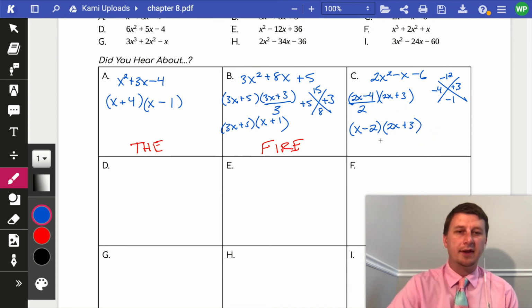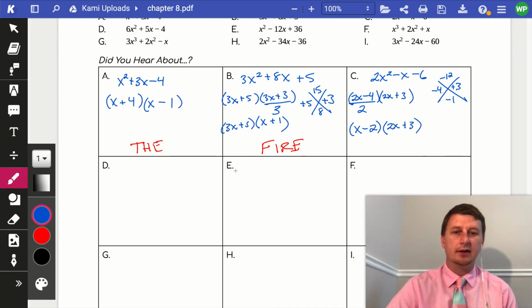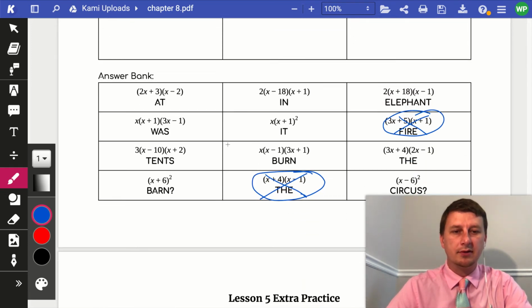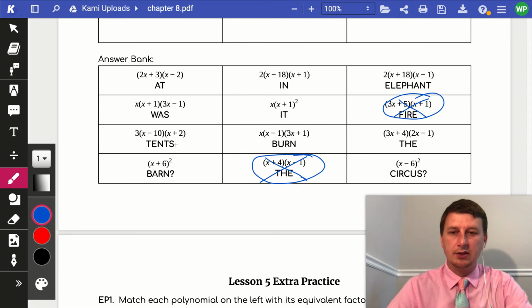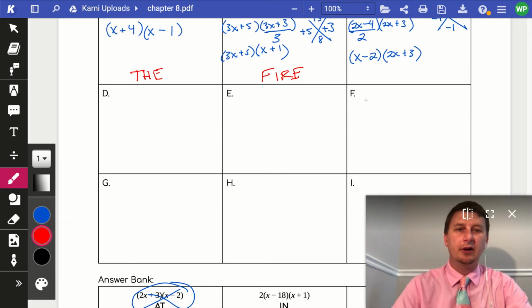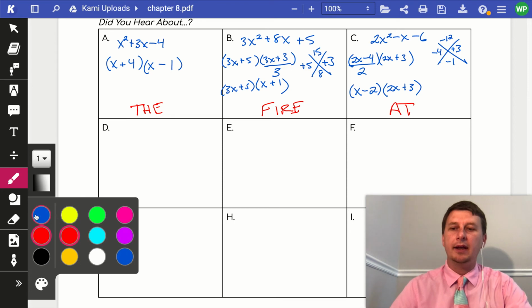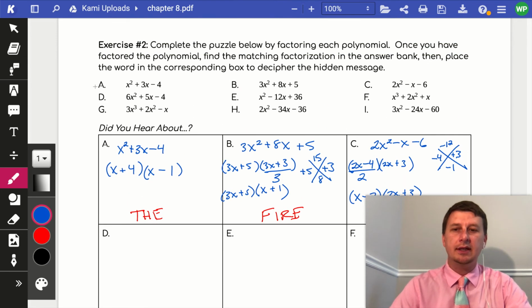So I'm left with this factorization right here. And I look for that at the bottom, x minus 2, 2x plus 3, right here. I'm going to cross that one out. I'm going to go up here and write "at." Okay.